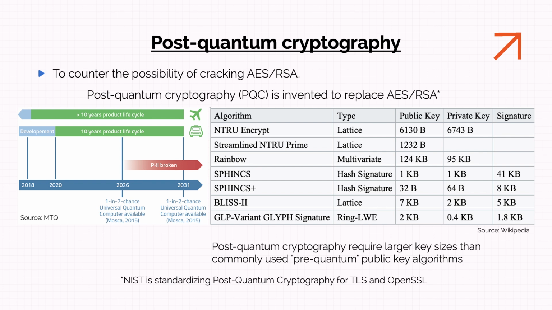So they predict that in the next 10 years PKI is broken, and all the current cryptography algorithms may be cracked by the quantum computer. That's why they need to replace them quickly, so a replacement for this kind of cryptography is suggested.